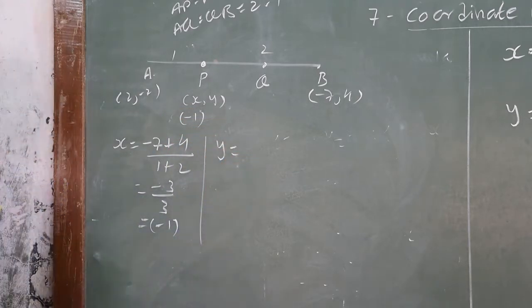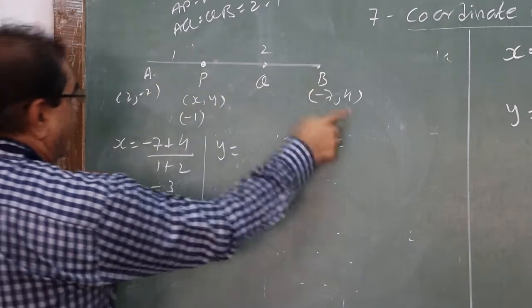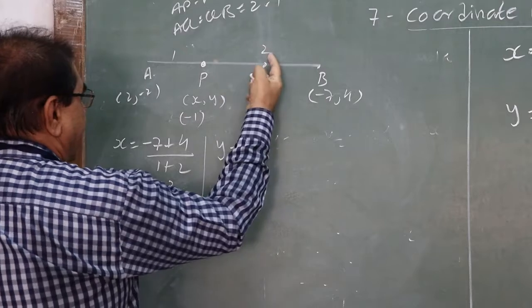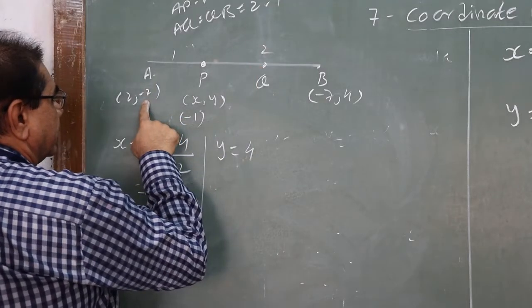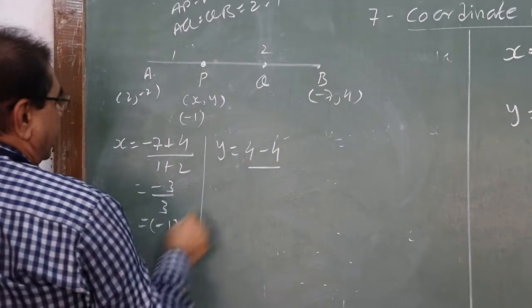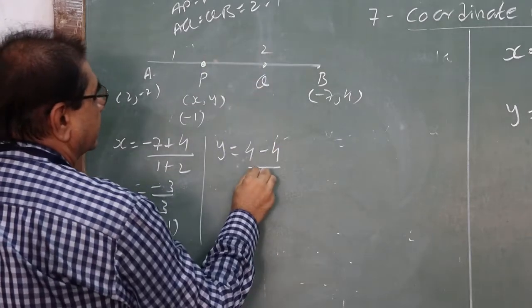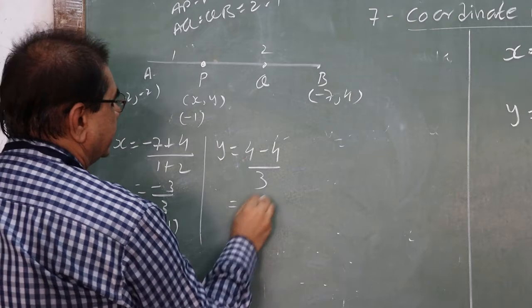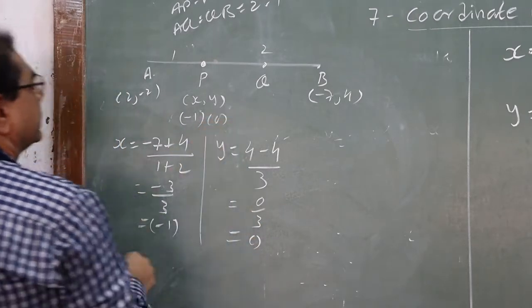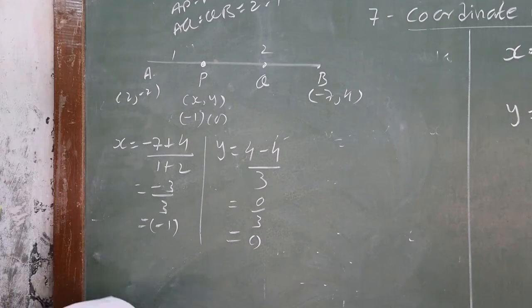Y is equal to my2, 4 plus nx2, so it is minus 4 upon 1 plus 2, it is 3. So it is 0 upon 3, answer is 0. So you can check here, you found out point P to be minus 1 and 0.